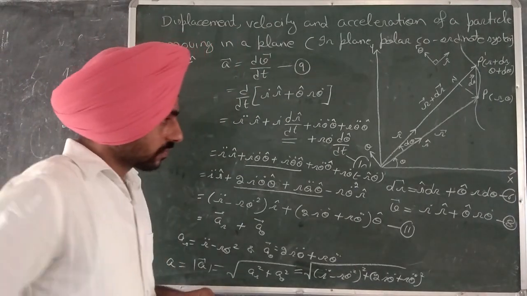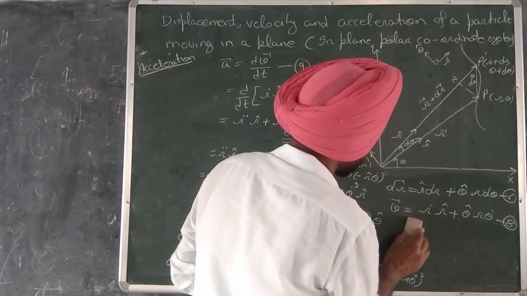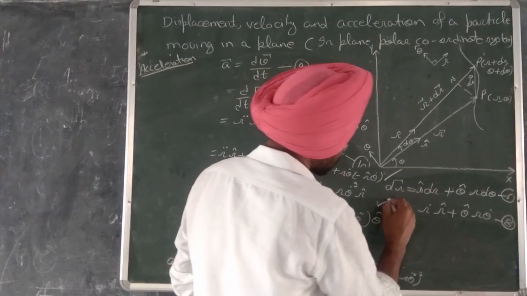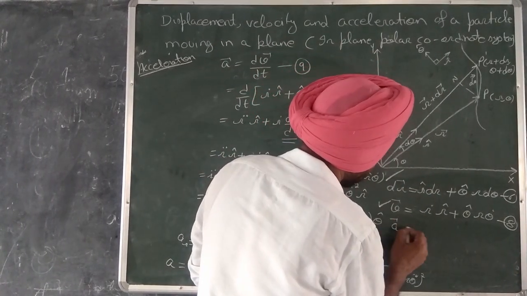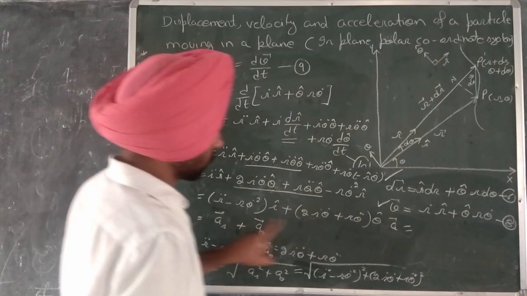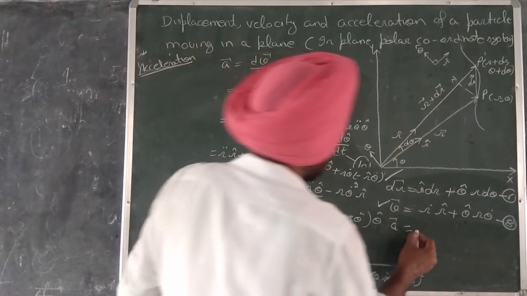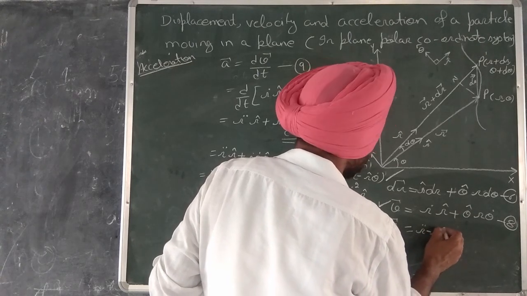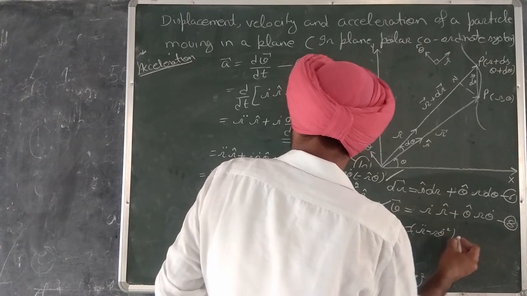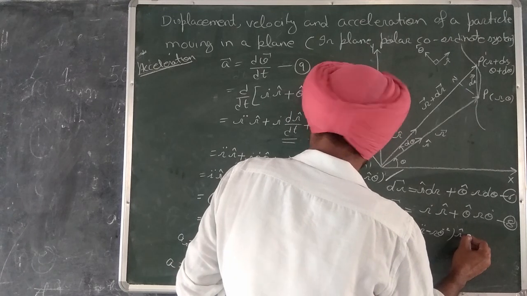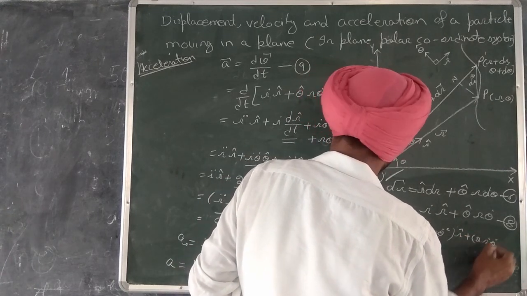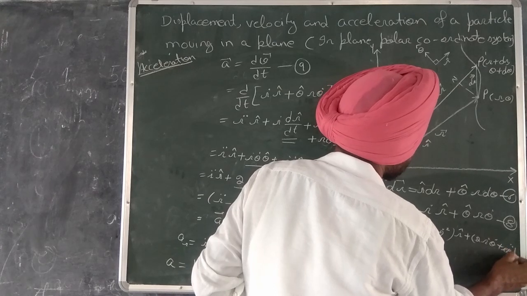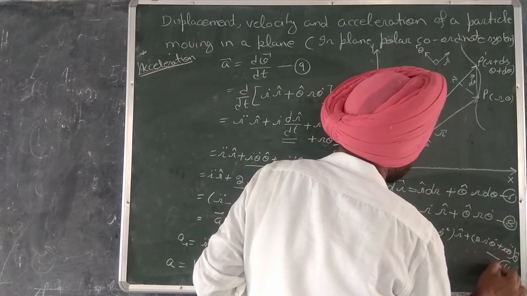So finally we had the three expressions from the derivation. This was displacement, this was for velocity, and then for acceleration is from this equation number 11: r double dot minus r theta dot square into r cap plus 2 r dot theta dot plus r theta double dot into theta cap.